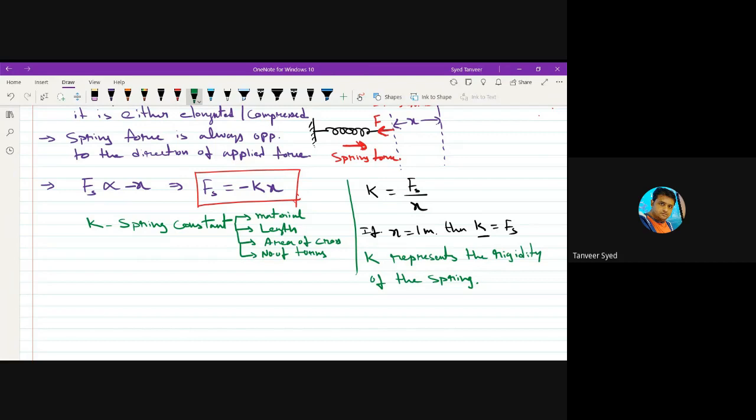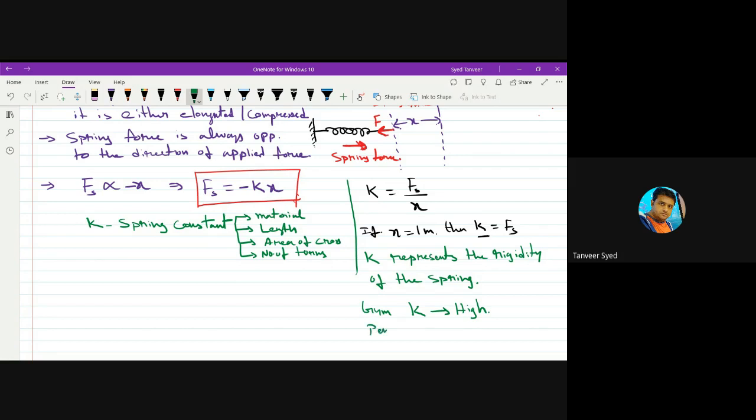So the spring that you use in the gym has a very high K value. It is very rigid, and you are not able to elongate it easily. The K value is very high.